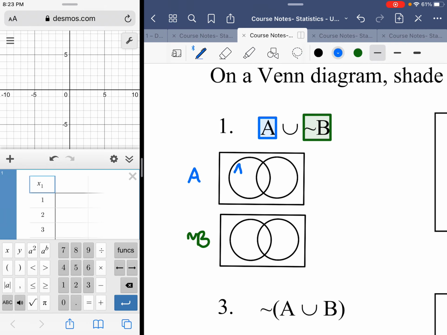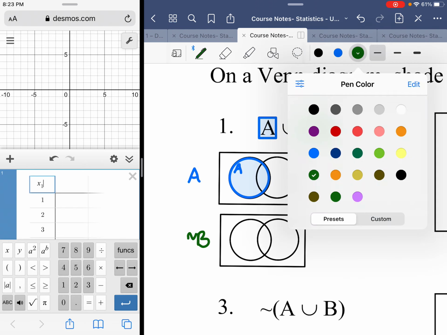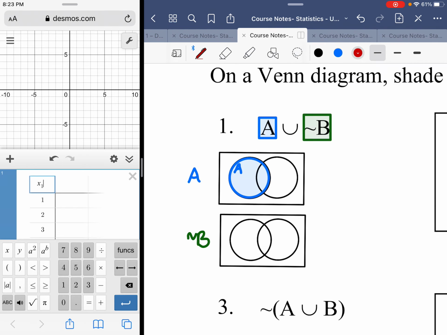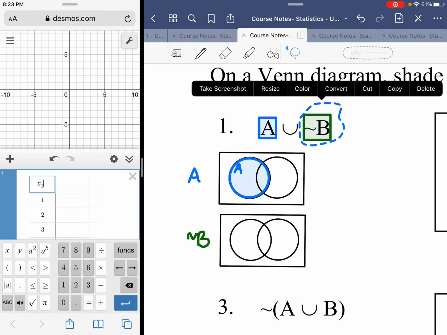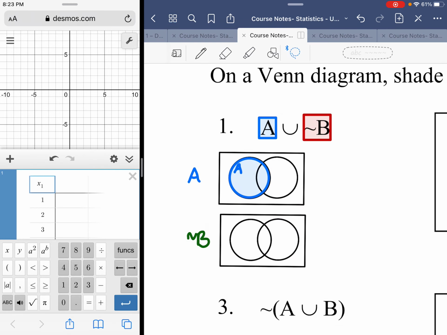So if I mark this as A, that would be just the stuff inside that circle. Let's see if I can make red work. I'm going to make these red.